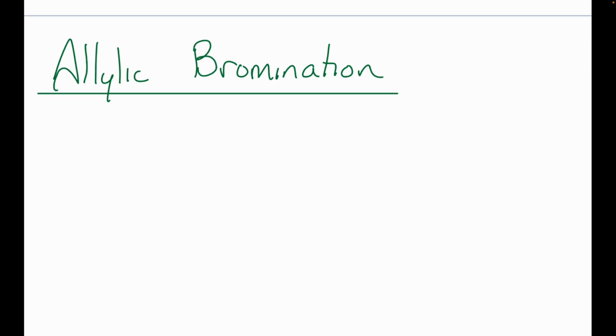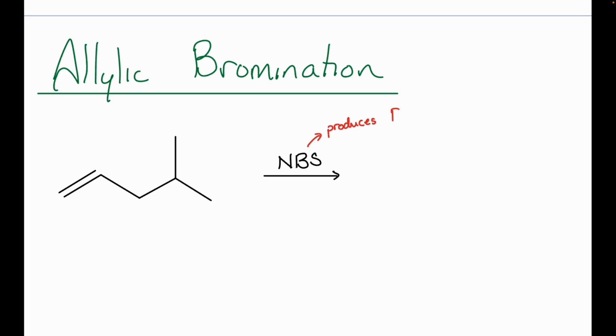All right, so this is when we have an alkene and we use that NBS, N-bromosuccinimide. All right, this is another radical reaction. Importantly, what our NBS does is it produces bromine radicals.